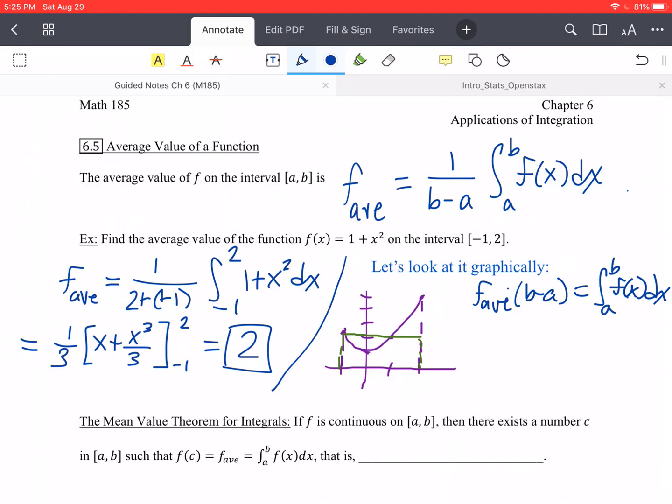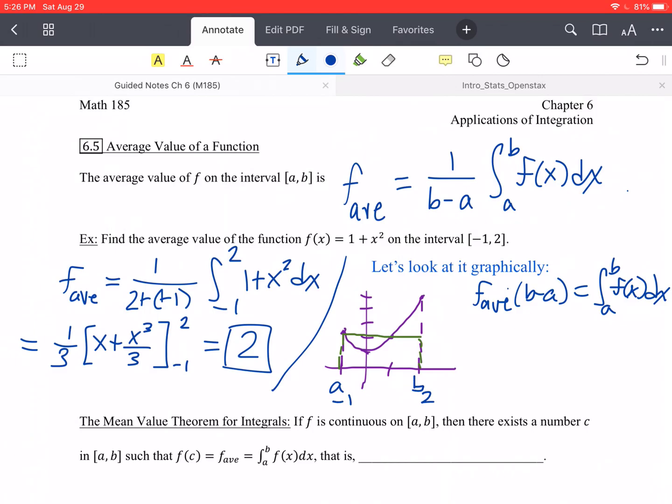So what does this tell us? The area under this curve from a to b should be equal to the average value times b minus a. B minus a is just this horizontal distance, a to b, which in this case is -1 and 2.